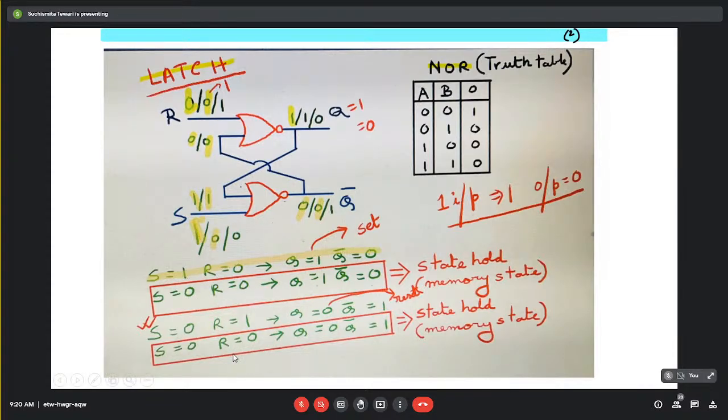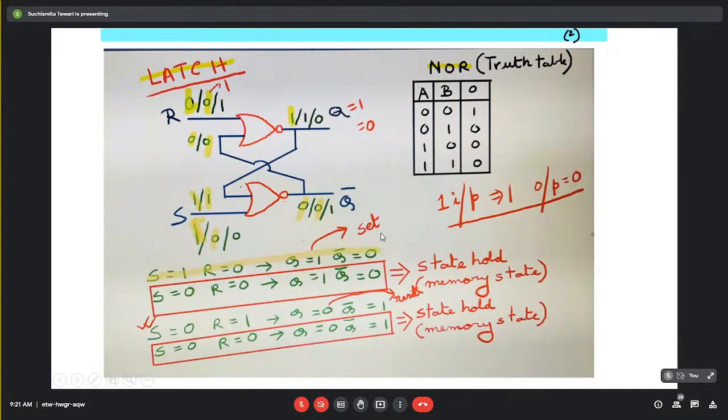And in both the cases, we have seen that if these two conditions, 1 0 and 0 1, are followed by the 0 0 condition, we are actually getting a memory state or a hold state. We are still yet to explore the condition 1 1. But before that, let us explain these terms set and reset.